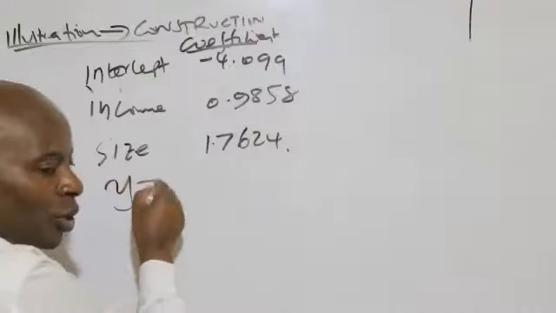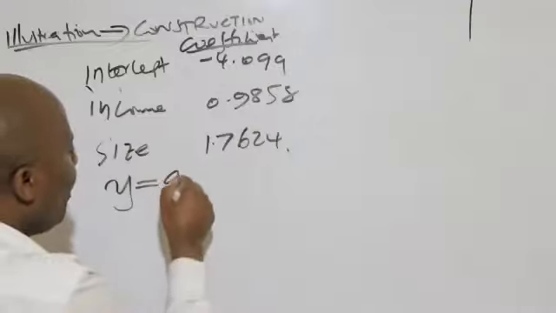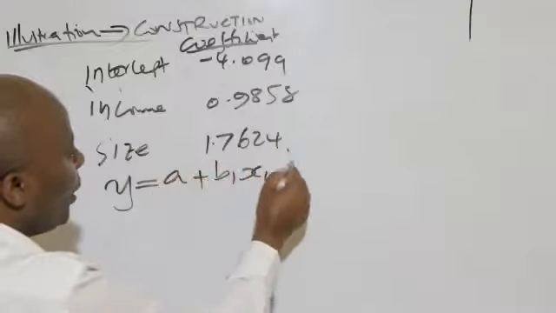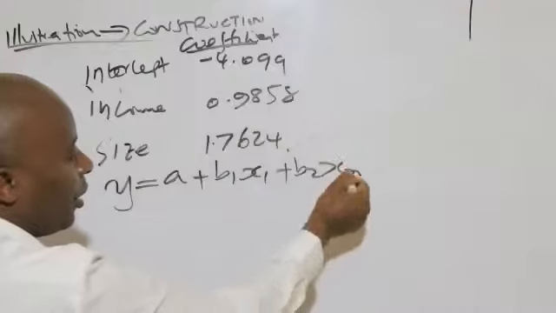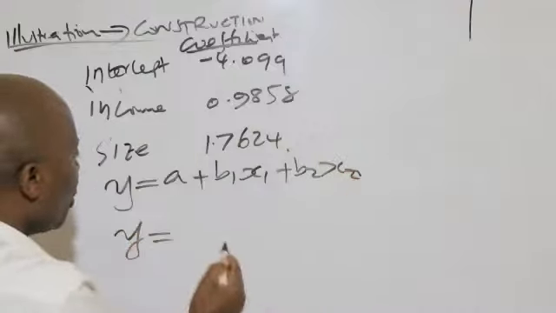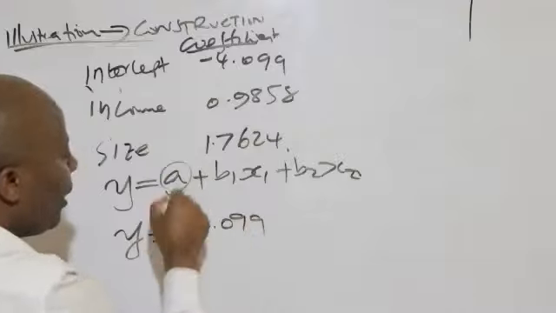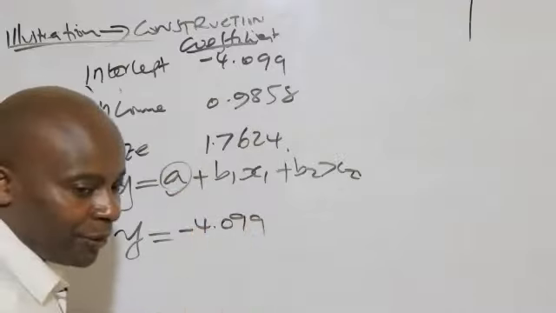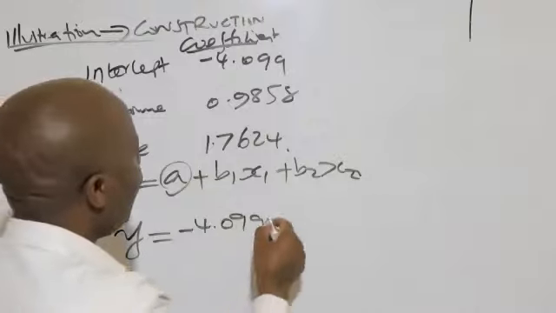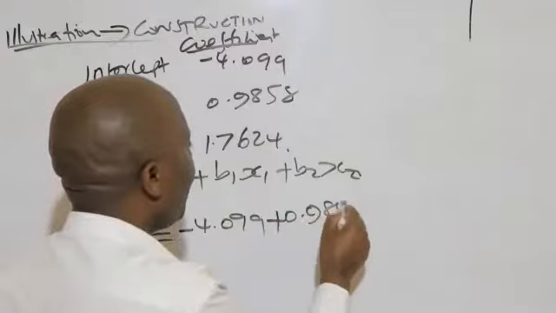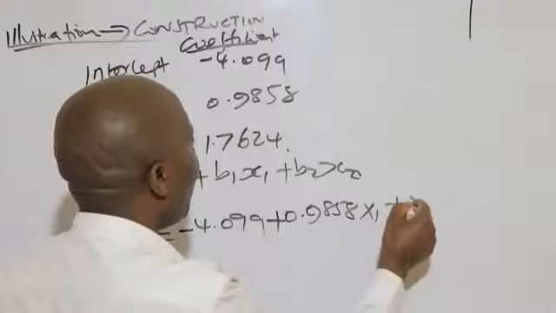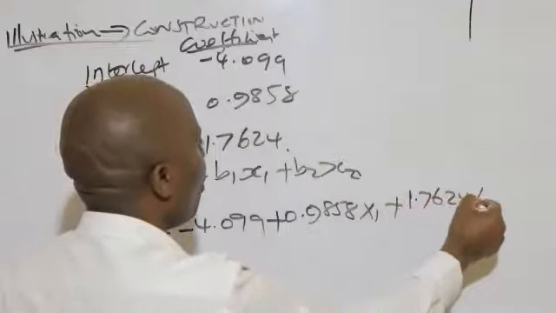So our regression equation will look like this. My y will be equal to a plus b1x1 plus b2x2. So my regression equation here will be y equals a, that is negative 4.099. Remember, a is the intercept or the constant. And then the other coefficients have been given: plus 0.9858 x1 plus 1.7624 x2.